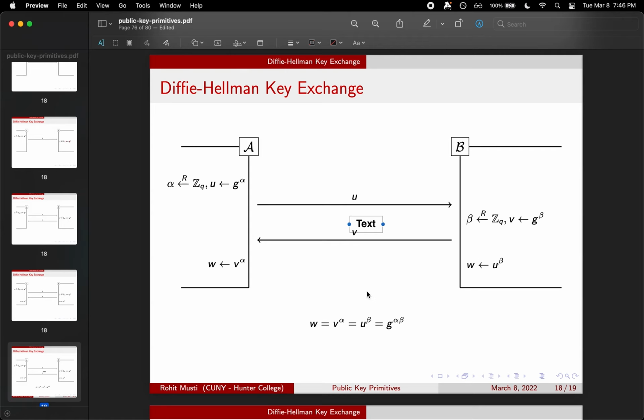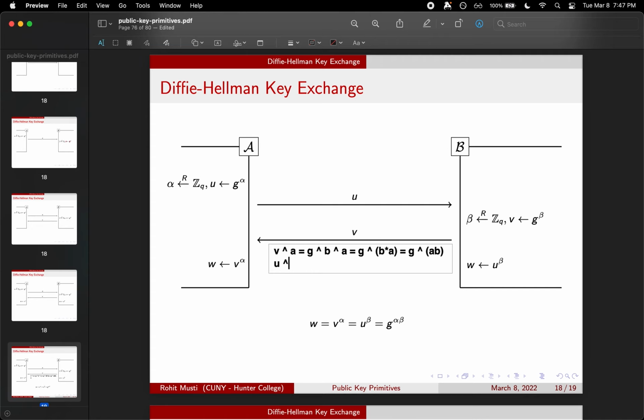I just want to make sure I drill that in, right? So V to the A equals G to the B to the A, equals G to the B times G to the B times A, equals G to the BA, or AB.